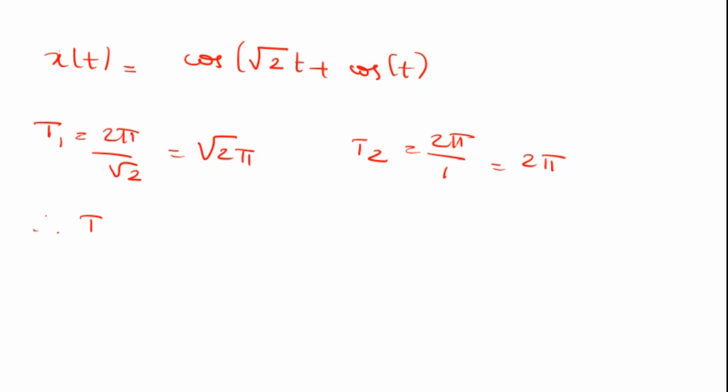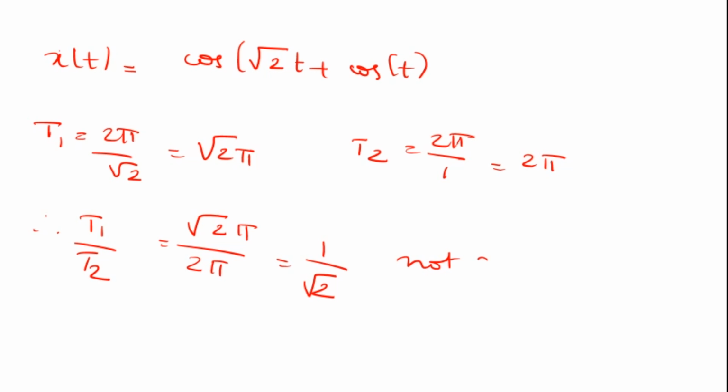Therefore, T1 divided by T2 is equal to root 2 times pi divided by 2 pi, which is equal to 1 by root 2. It is not a rational number. Hence, x of t is non-periodic.